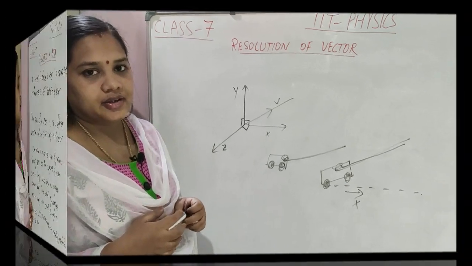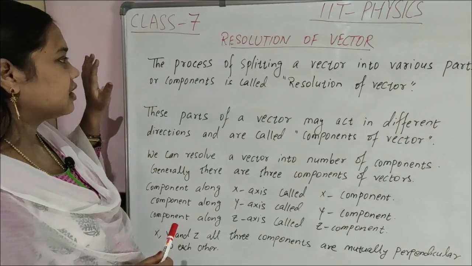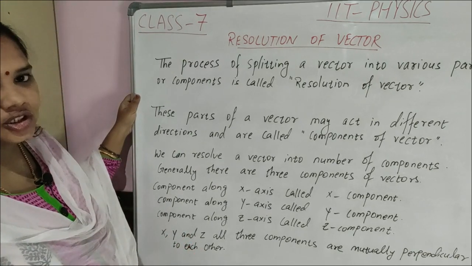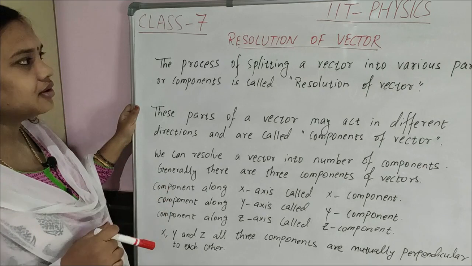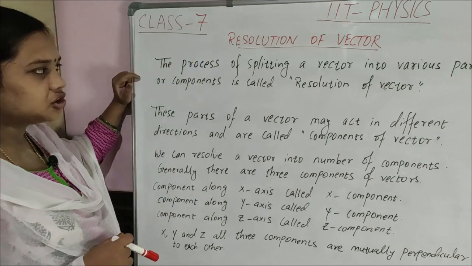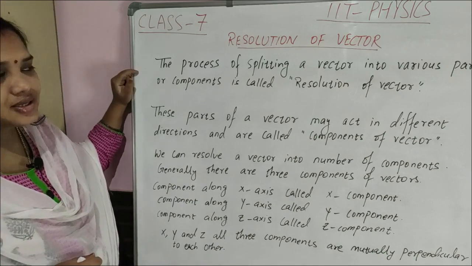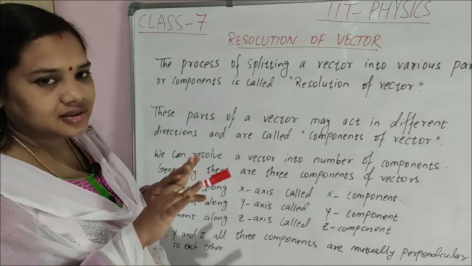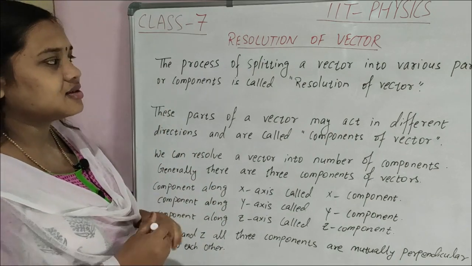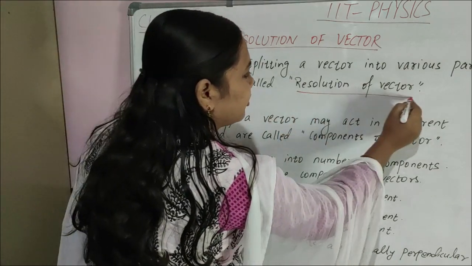That is called resolution of vector. Okay children, now it is time for the definition. Be ready with your notebook and write down the heading: resolution of vector. The process of splitting a vector, dividing a vector into various parts or components, is called resolution of vector.